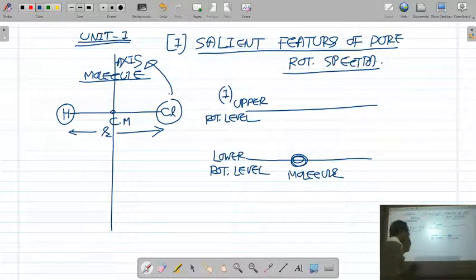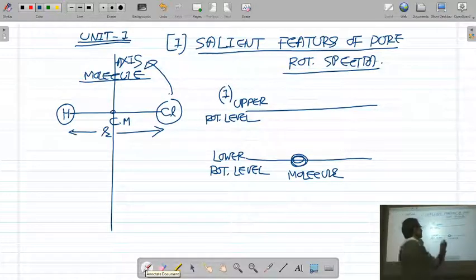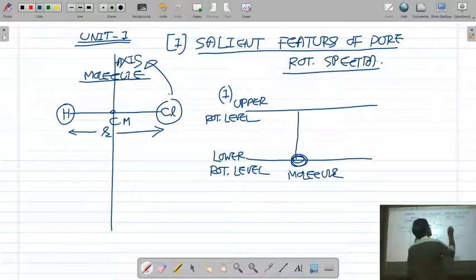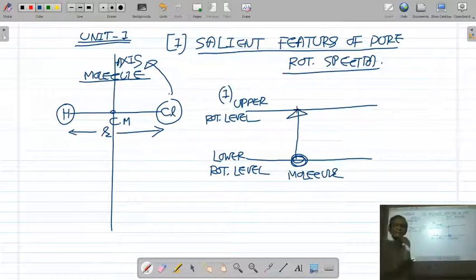Now when the molecule makes a transition between two rotational levels, its rotational energy is going to change and it will give the rotational spectra.